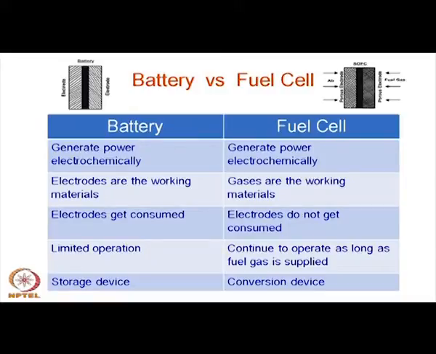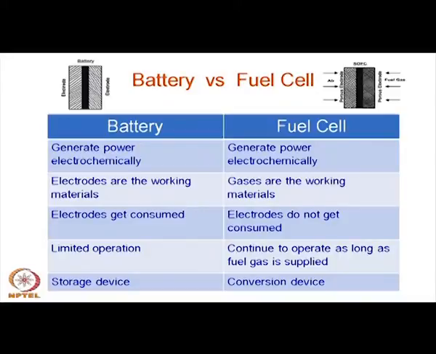In a battery, the electrodes get consumed, whereas in a fuel cell the electrodes do not get consumed. Sorry, it is not like that. The electrodes are actually the contacts.